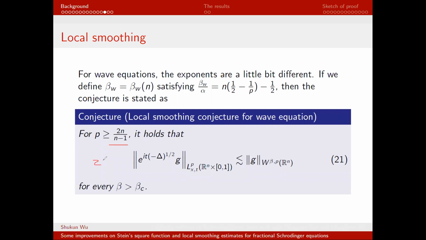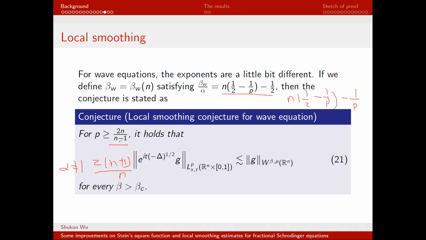For the case alpha not equal to 1, the exponent is this. And the second difference is this. For the case alpha not equal to 1, the regularity equation, the right-hand side should be n times 1 over 2 minus 1 over p, minus 1 over p. Yeah, so these are the two differences.